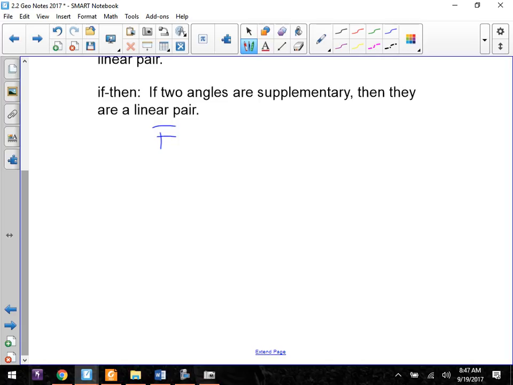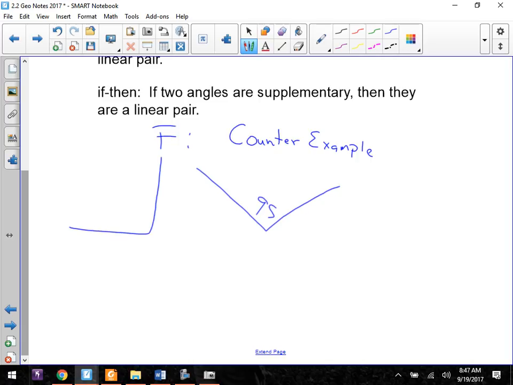Supplementary angles don't necessarily have to be on the same line. So what I can say is what we call a counterexample. And I'll show you what that means here in a second. Those two angles are supplementary, but they're not a linear pair.